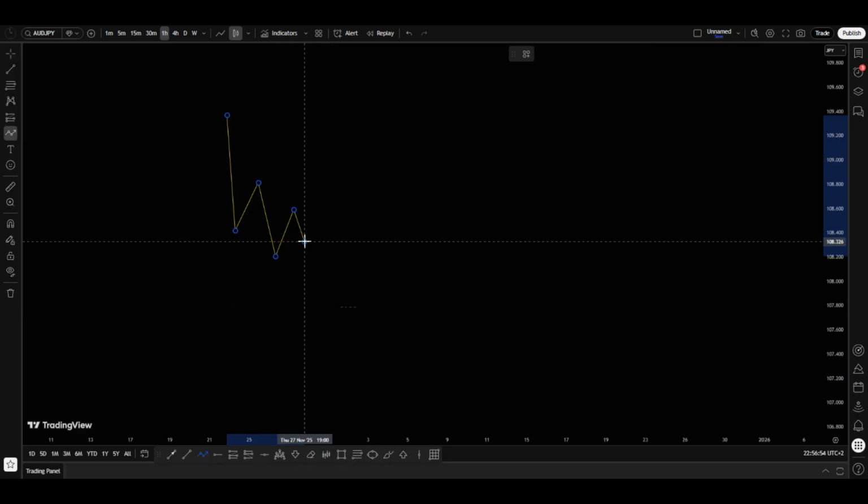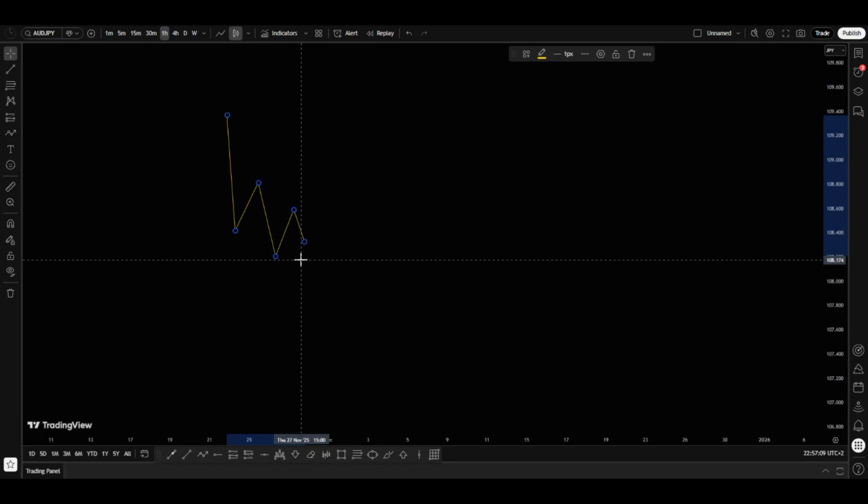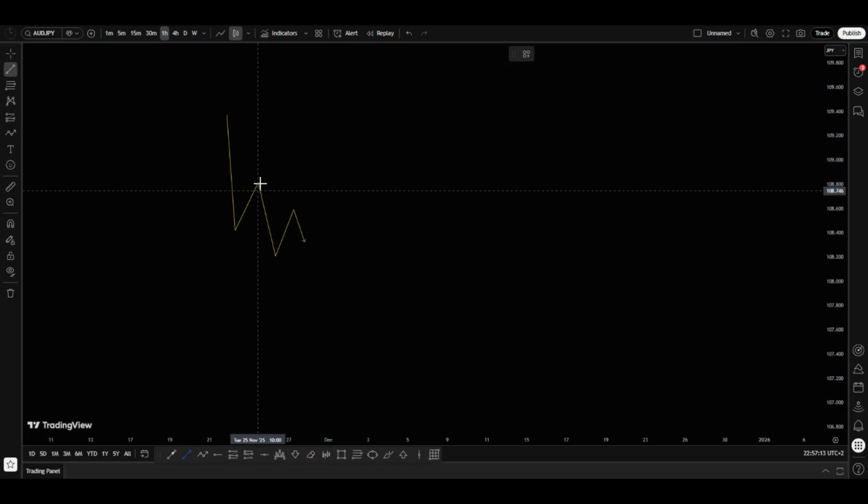So when you see something like this on the chart, you go to a trend line and construct your 2 points. The first one being the first low, which is the higher low, then the second one being the lower low.